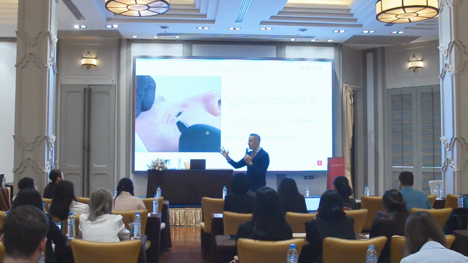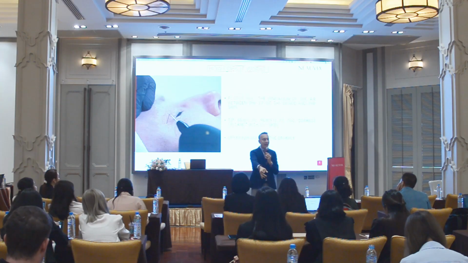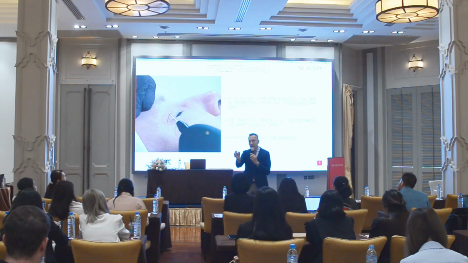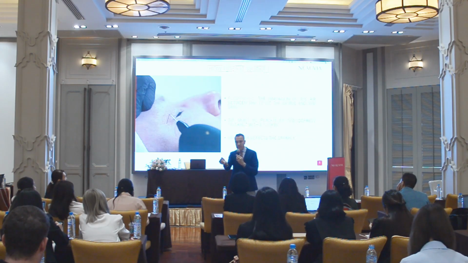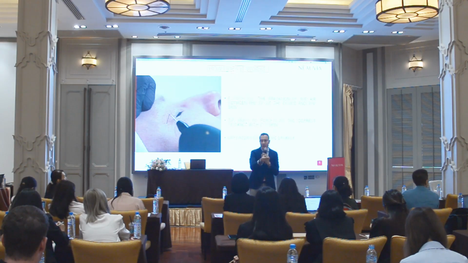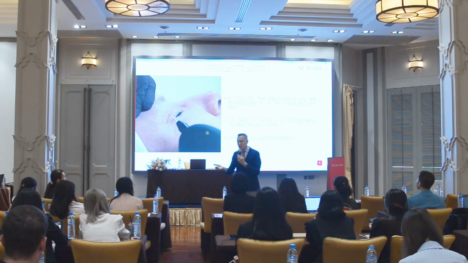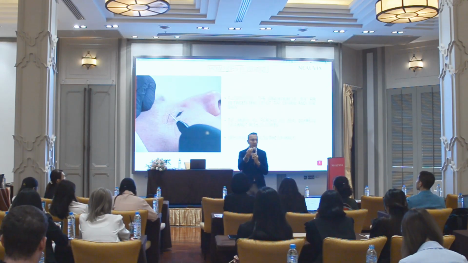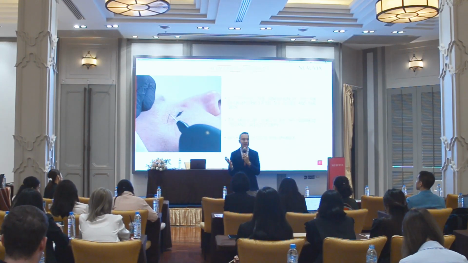And what is the difference in creating this small damage with big damage? Small damage, you will have shorter recovery time, less side effects, and less chances to have post-inflammatory hyperpigmentation. Or, for instance, pigmentation problem, especially here in Asia, where the sun is shining almost every day.